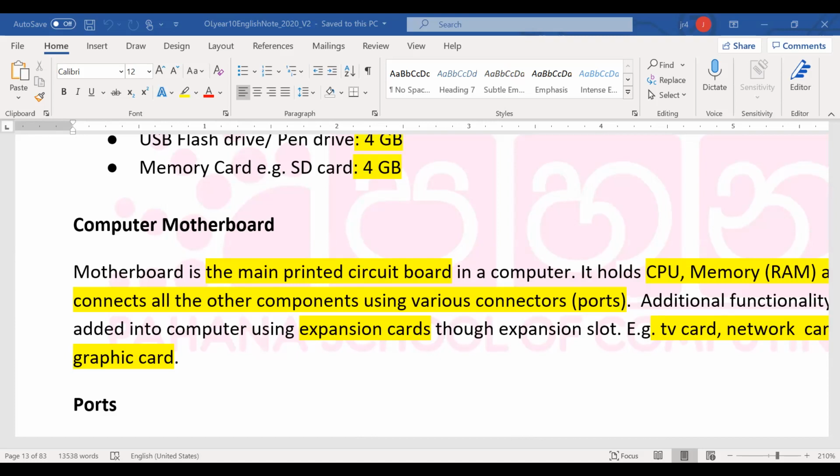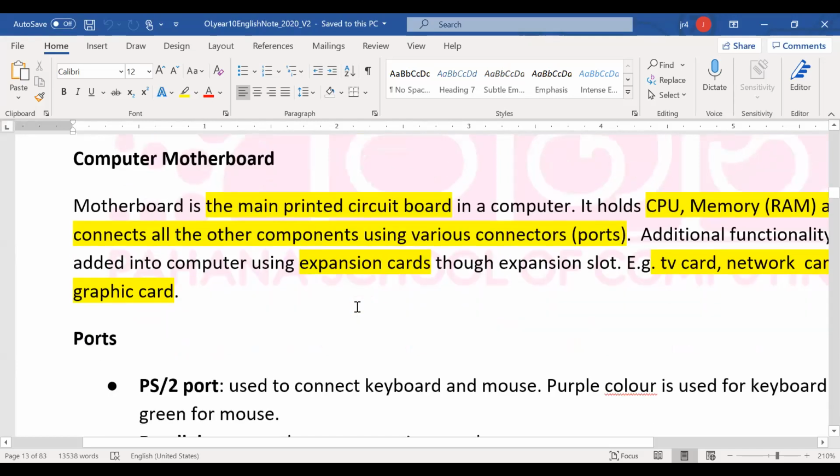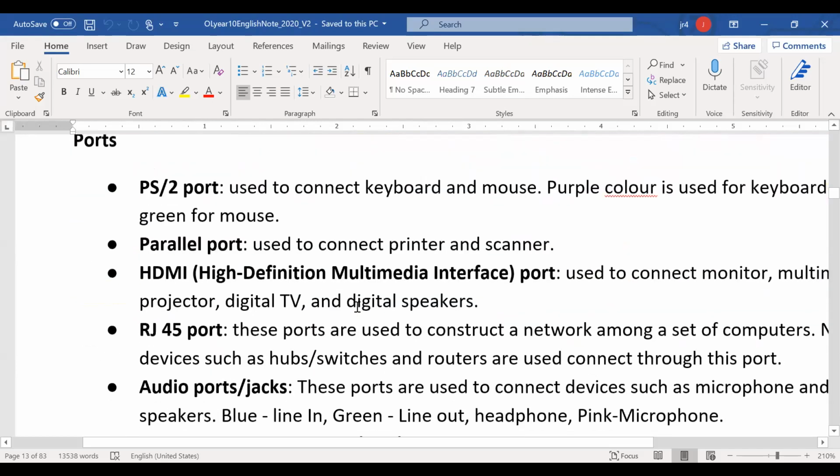There are different ports, and using ports we can connect a lot of devices together, right? And definitely the motherboard is one of the main physical devices in a computer system, right?